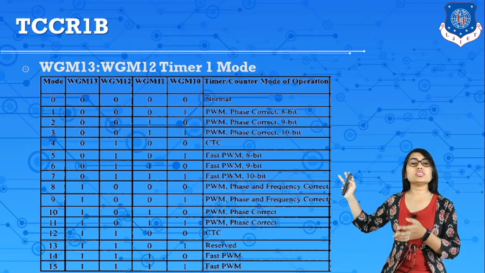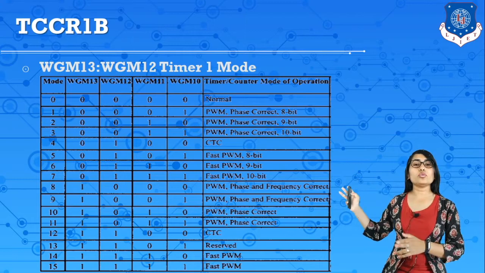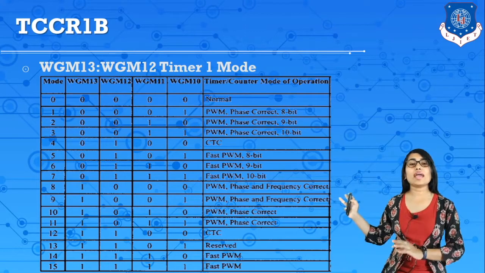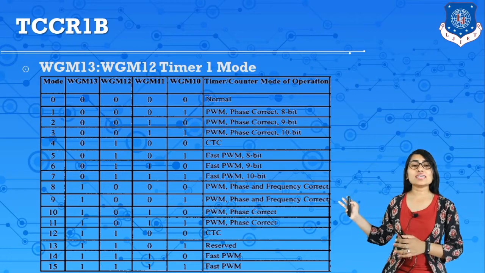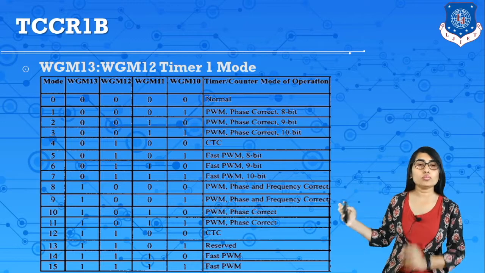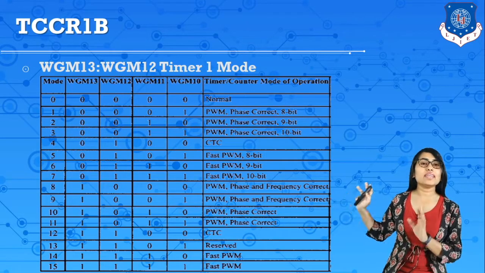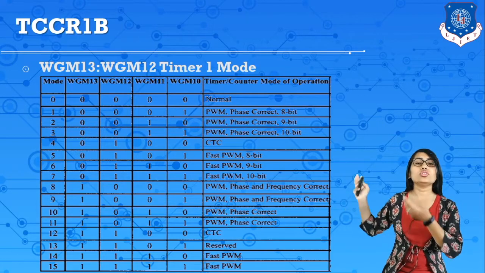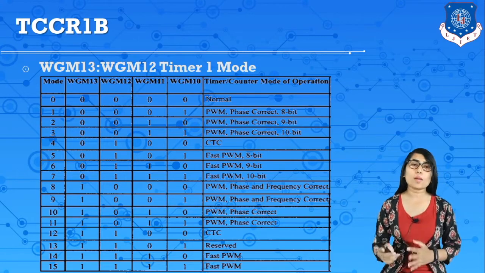When 0000, it is normal mode; then 1 is PWM phase correct 8-bit, 2 is 9-bit, 3 is 10-bit, then for 4 we have CTC mode, and so on. These are all the Timer 1 modes, and the bits are selected accordingly, but mostly in Timer 1 also, normal or CTC mode is used for basic operations.